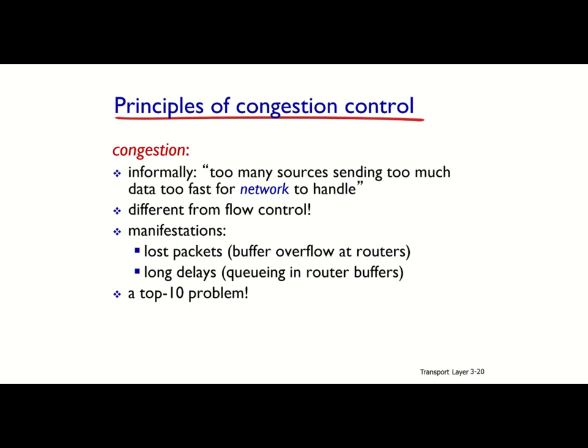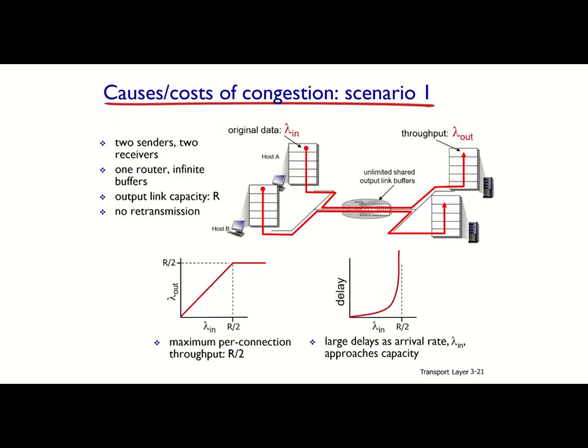Network congestion has a number of manifestations. For example, when you see a lot of lost packets or long queuing delays in routers, these are some signs of network congestion. Let's consider a simple scenario in which we have two senders. This is host A and host B. They are both sending data toward these receivers, and we have one router in the middle of the way with infinite buffer.